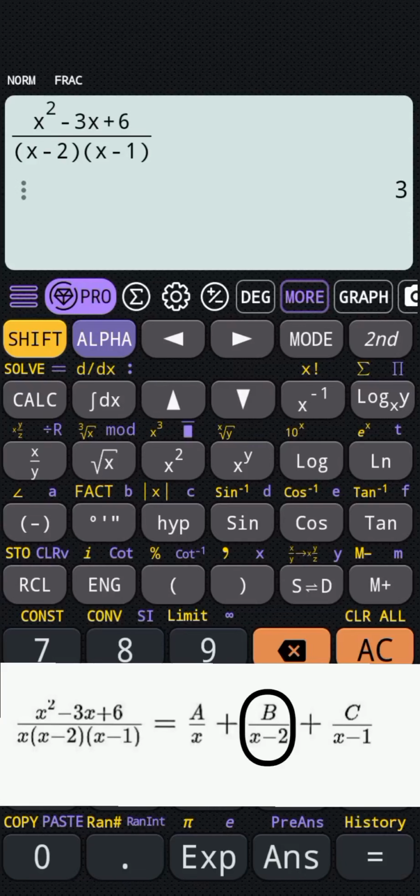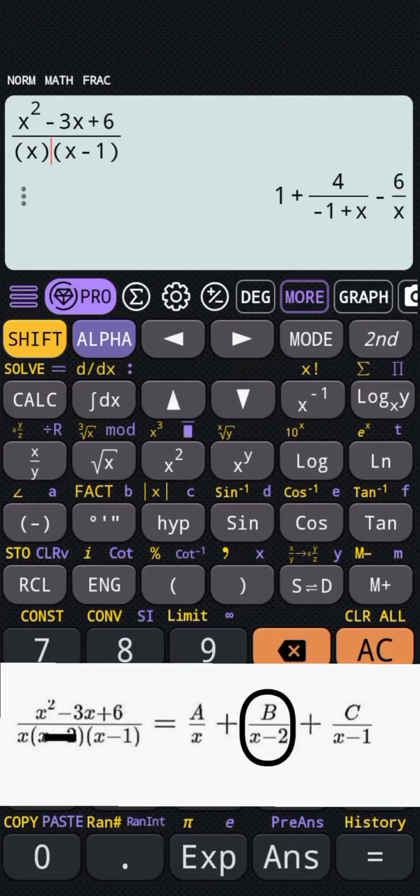But before I do that, this fraction I have here contains x minus 2, which is the denominator of that b. I will remove the x minus 2 and write the other one, which is x. Anytime you want to solve for a particular constant, what is under it must not be part of the compound fraction. That's the idea.